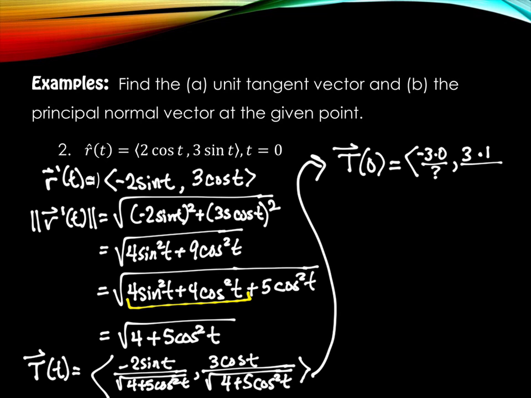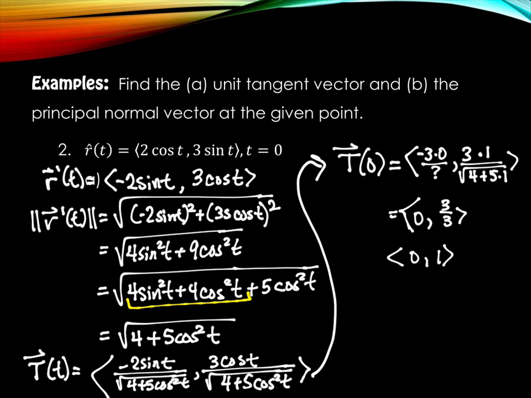But this piece is also going to be cosine of 0 underneath the denominator, right? So I have a 4 plus 5 times 1. So what's that denominator end up being? A 9. So because this is 9 underneath, I take the square root. So this is 3 over 3, or 1.